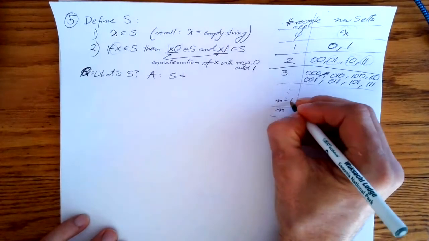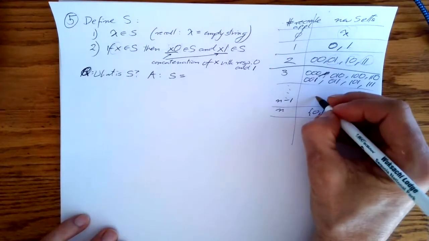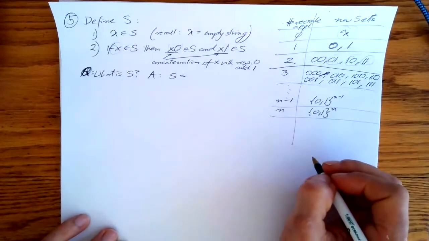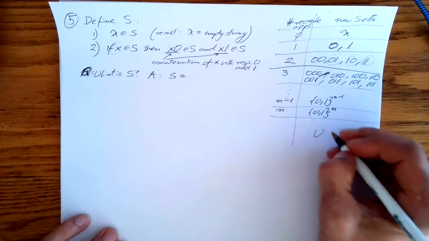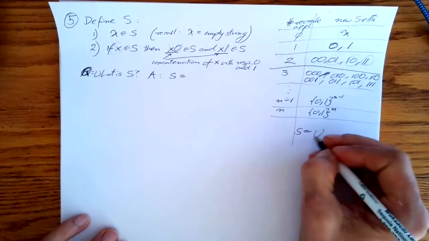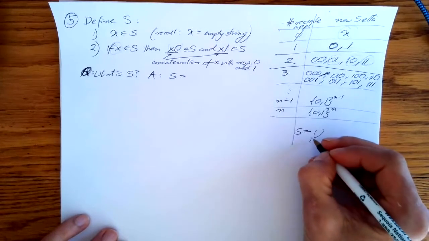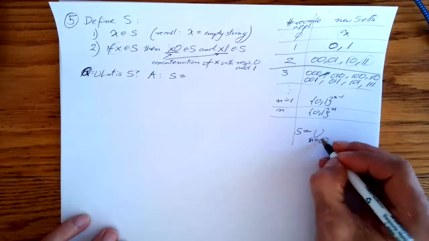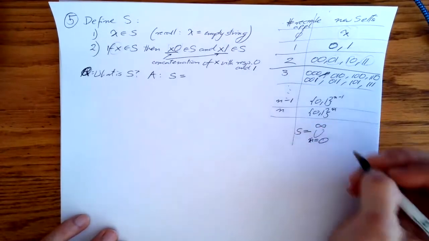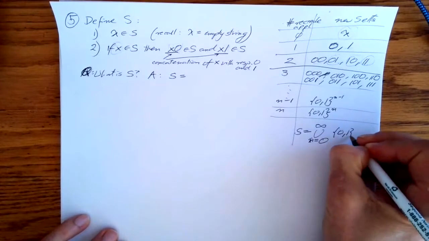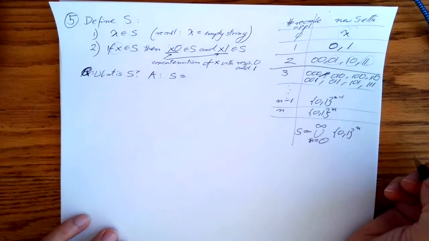And after n-1 applications, what you have added is (n-1)-bit strings. So it seems that S is a union, for n going from 0 to infinity, of bit strings of length n.